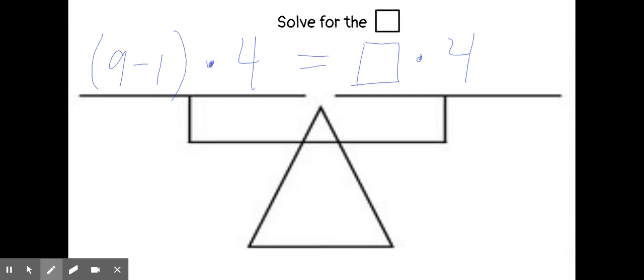So first of all, I have 9 minus 1 times 4 on this side. And I'm going to do what's inside my parentheses first. So 9 minus 1 is 8. And then it says to do whatever answer I get from the parentheses times 4. So 8 times 4, just giving you a moment to think about it.